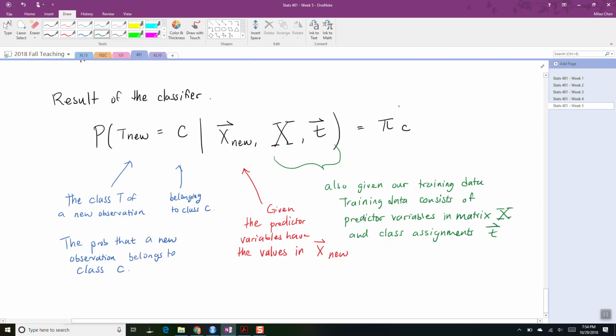And this will be a vector of probabilities corresponding to each class. The vector adds to 1.